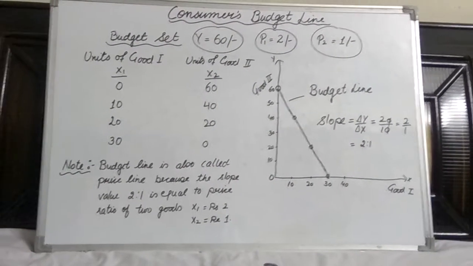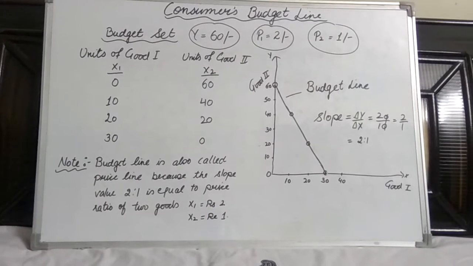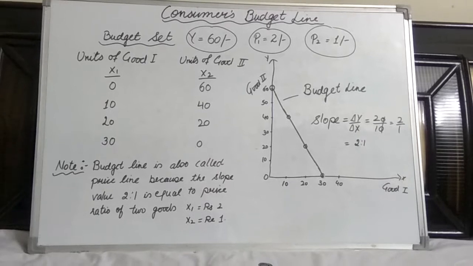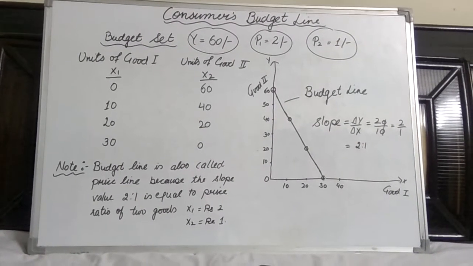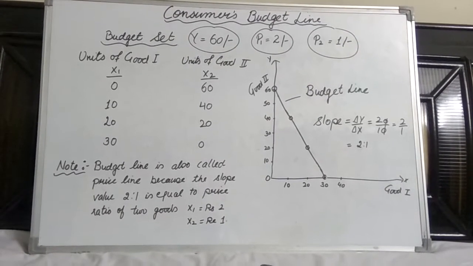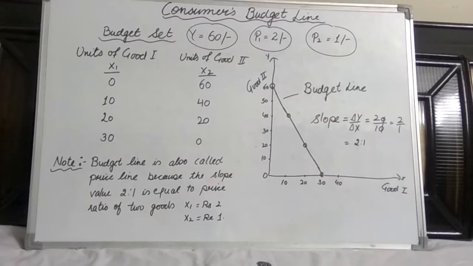Students, let me discuss now budget set. Budget set refers to the table, and we have drawn that table of quantity consumed by the consumer for good 1 and good 2. Here, just to create it, we are assuming that income of the consumer in this model is rupees 60.